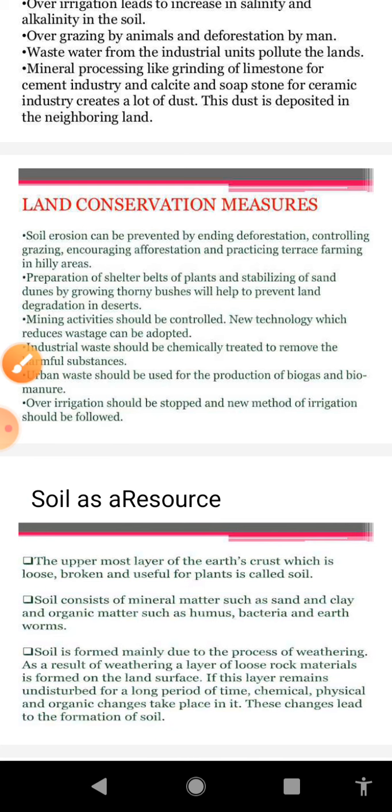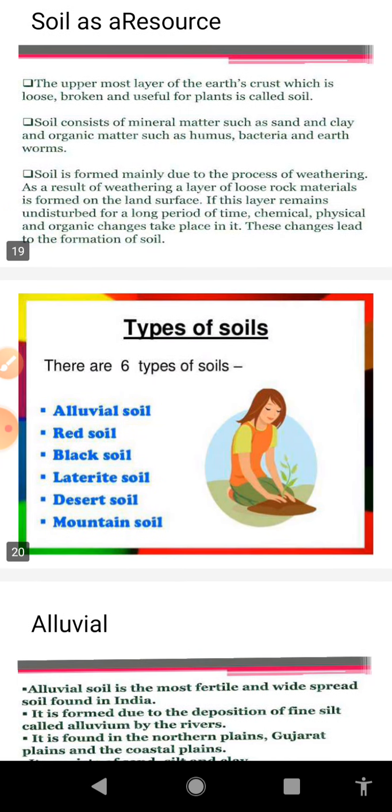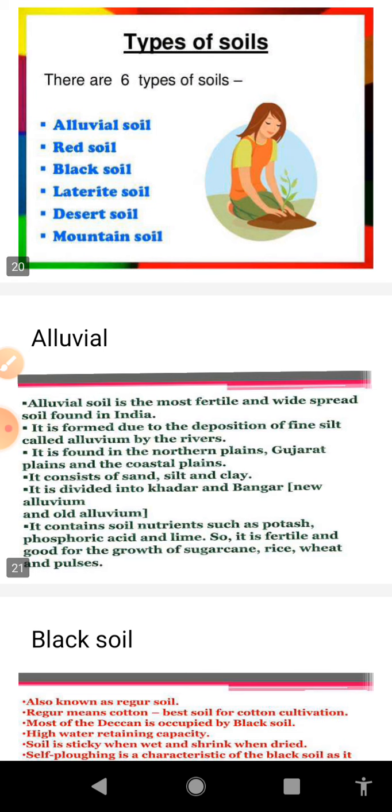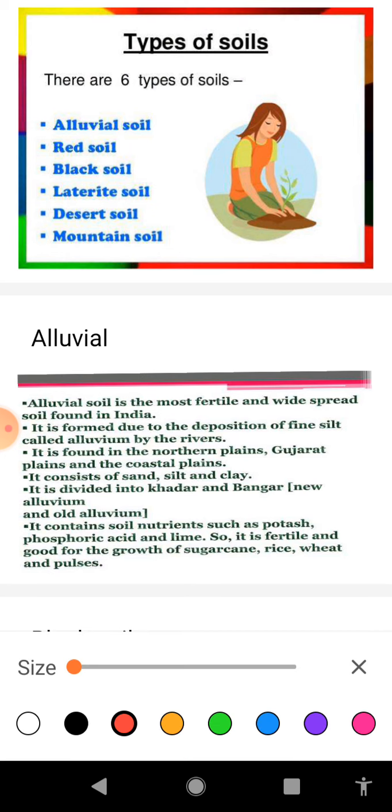Then you may be getting the question to mention the characteristics of different varieties of soil. First let us discuss alluvial soil. With regard to alluvial soil, this variety of soil is an example of transported soil.